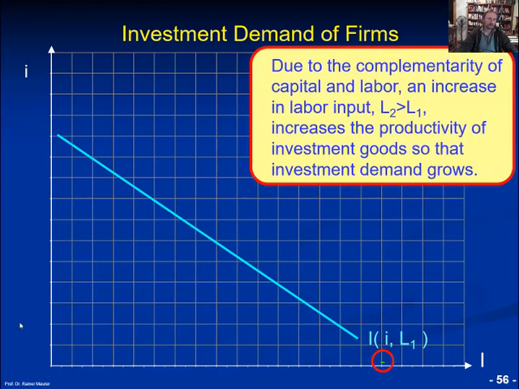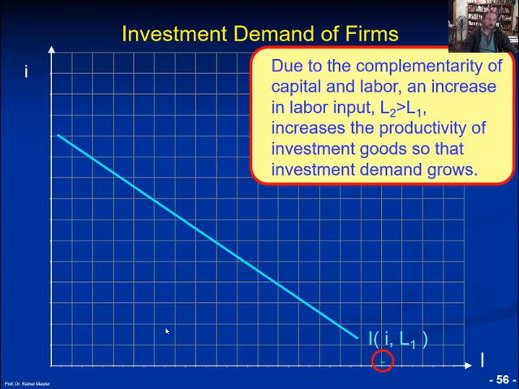Due to the complementarity of capital and labor, an increase in labor input from L1 to L2 increases the productivity of investment goods such that the investment credit demand grows.